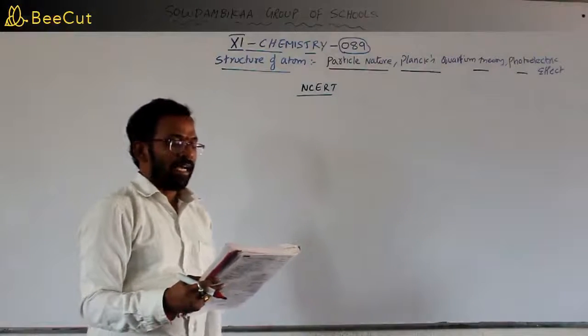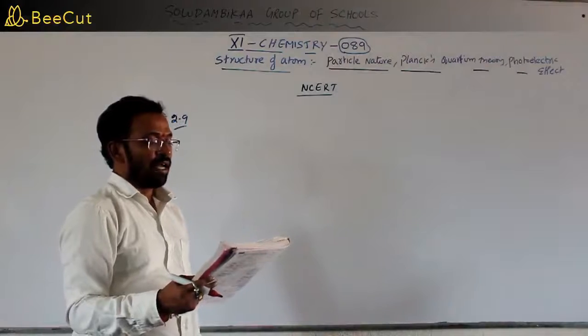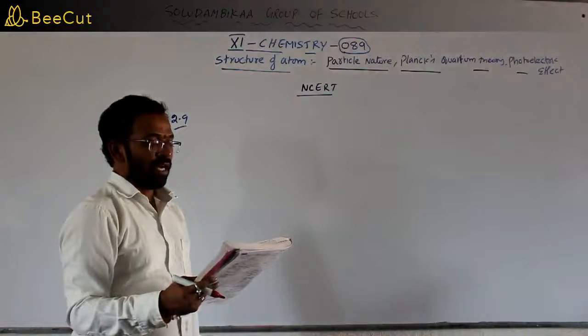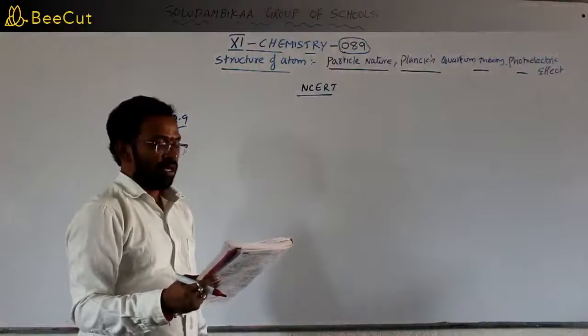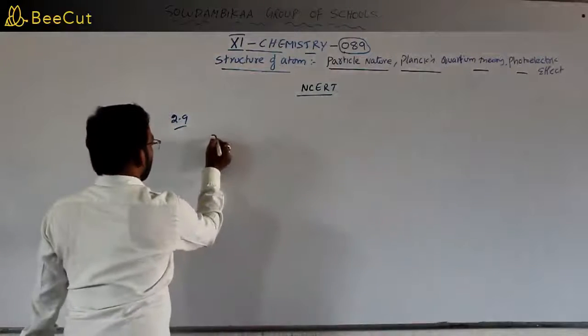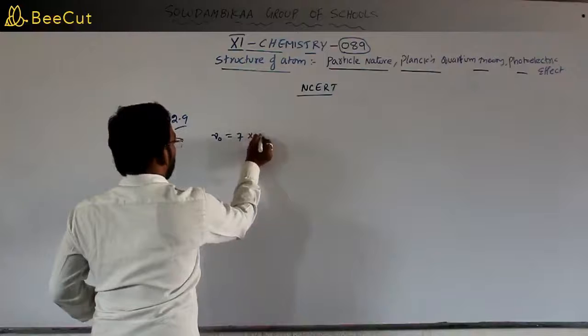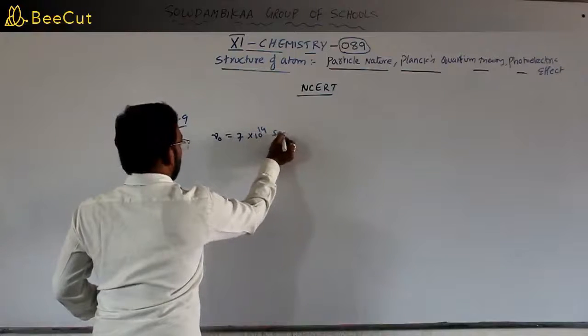Calculate the kinetic energy of the electron emitted when radiation of frequency nu equal to 1 into 10 power 15 per second hits the metal. Now the threshold frequency nu naught is given as 7 into 10 power 14 per second.